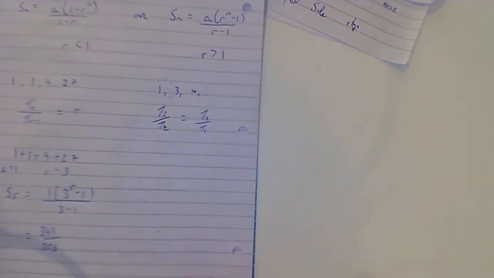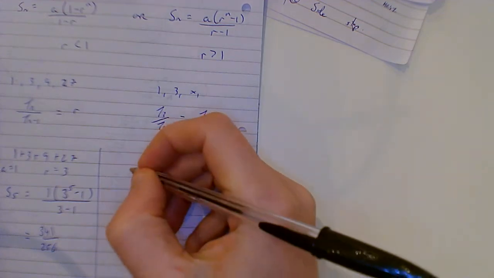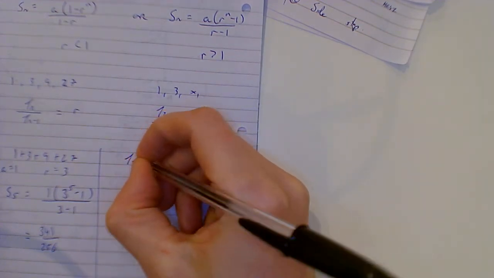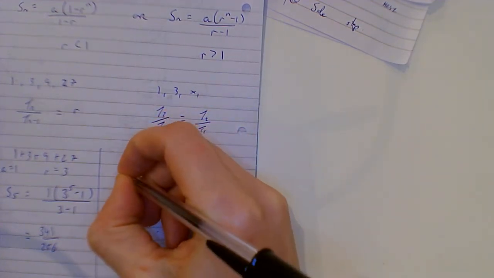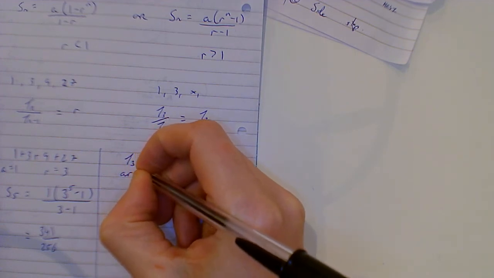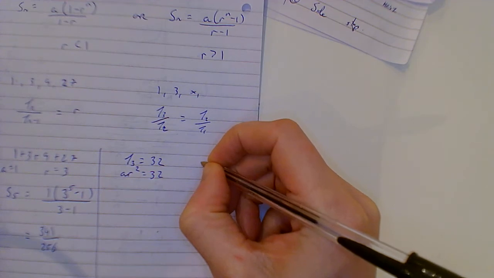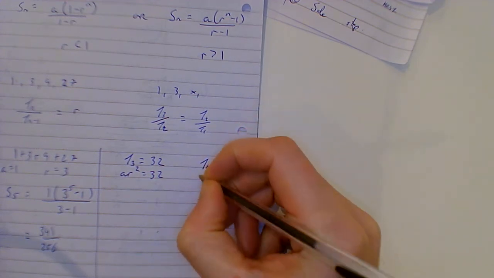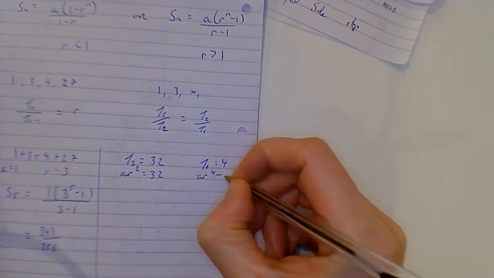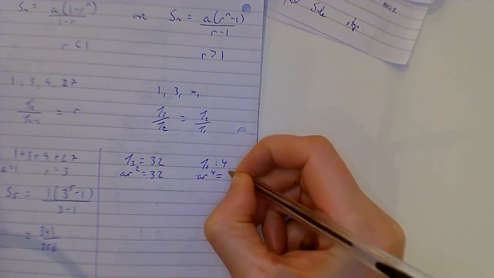Right, example 2 is a bit better. It gives us t of 3 equals 32. So I say a r to the n minus 1, so that's a r squared equals 32. And they give us t of 6 equals 4. That's a r to the power of 5 equals 4.